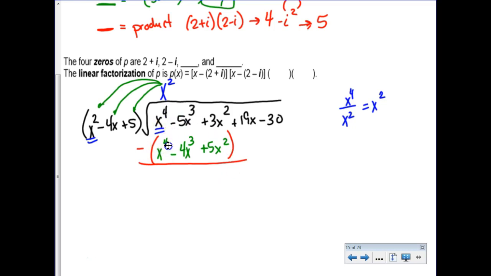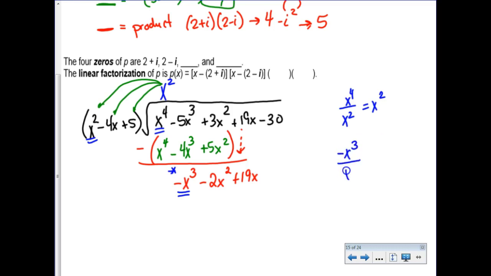All right, lead terms should always cancel in long division. Careful here, guys. -5 minus -4 is a -1x to the third. And then 3x squared minus 5x squared is minus 2x squared. And then don't forget, you got to bring down the next term. Now we get to go again. All right, here's your new problem, -x to the third.